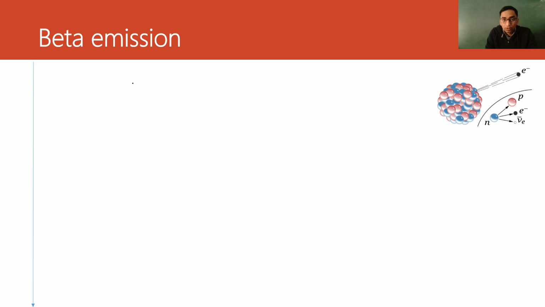So now let's discuss beta emission, or the beta particle, and how it is released from the nucleus of a radioactive atom. First of all, you need to understand that the beta particle is represented by this sign, and in grade 12 you will understand that the beta particle can be beta plus, that is a positron, or beta minus, that's an electron.